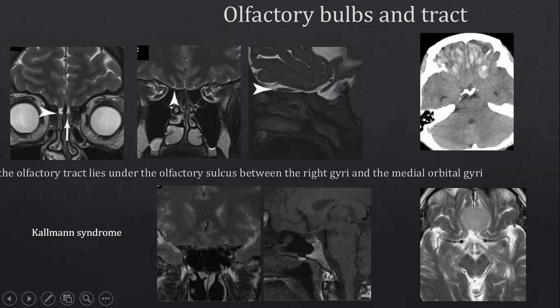And this is the person who does not have the olfactory bulbs, and you can see that the sulcus is also absent, absence of sulcus and absence of the olfactory bulbs in this patient with Kallmann syndrome. And these two pathological cases here with traumatic contusions involving the anterior skull base, certainly involving the gyrus rectus and the medial orbitofrontal gyrus. And this is someone with a midline olfactory meningioma.